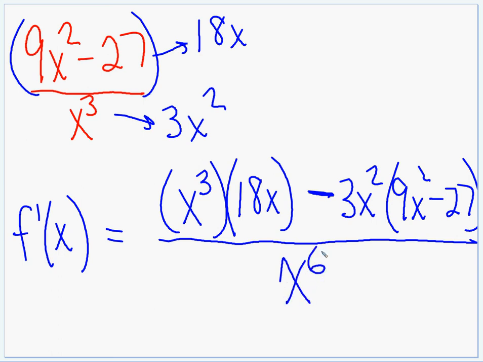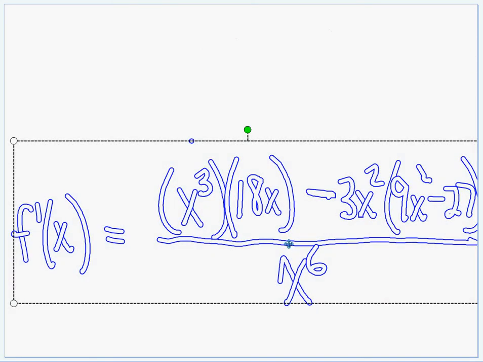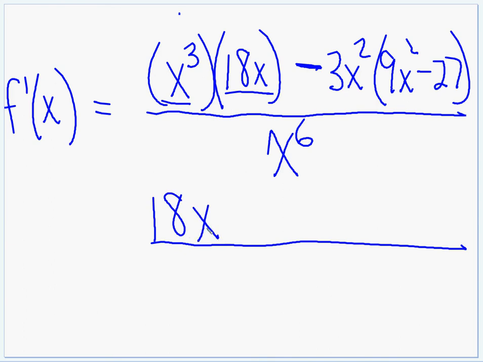Okay, the calculus is over. Now it's just a bunch of algebra and simplification. So let's see here. We multiply these. We're going to have an 18x to the 4th, minus, if we multiply here, distribute, that is going to be minus 27x to the 4th.